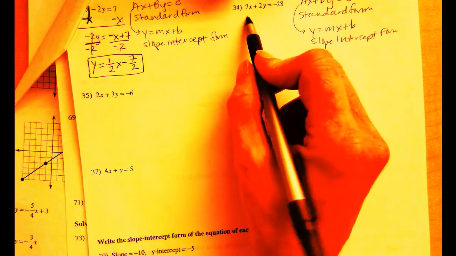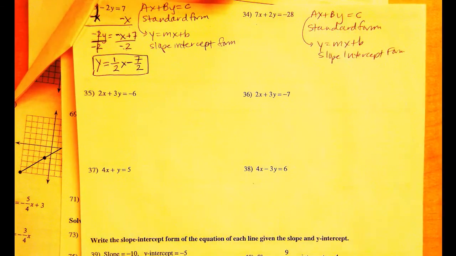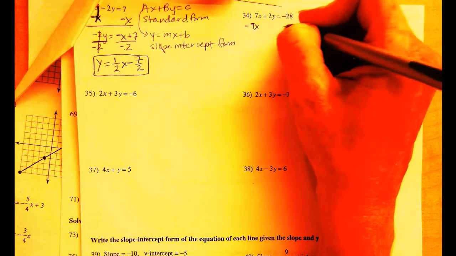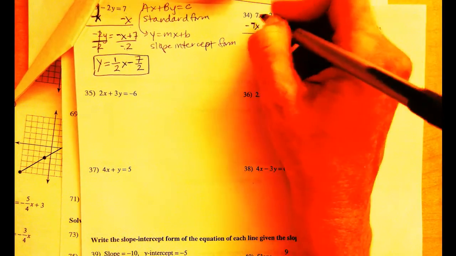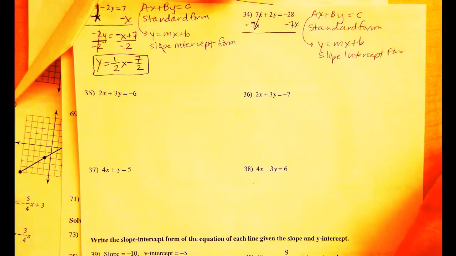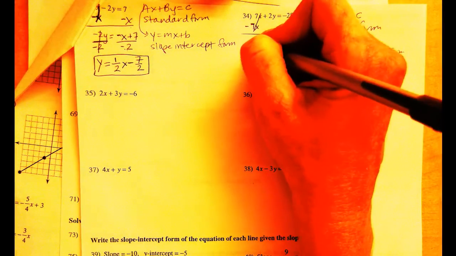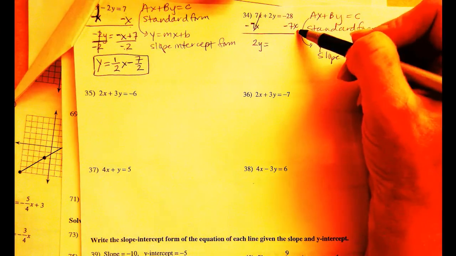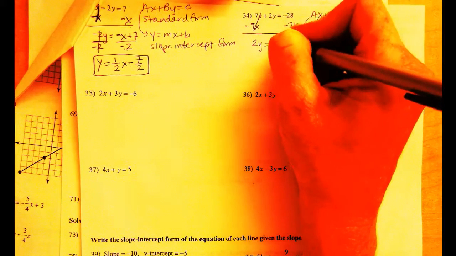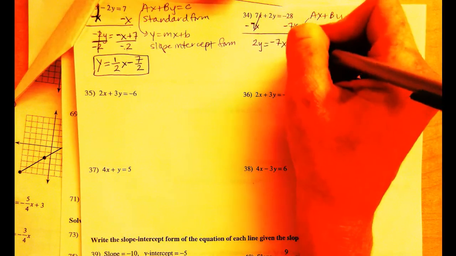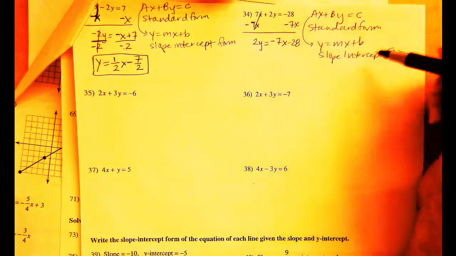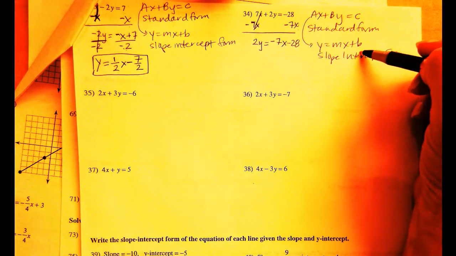It's positive right now. Whoops, sorry, moving my paper all around. It's positive right now, so I'm going to get rid of it by subtracting. And I'll do that to both sides. 7x's minus 7x's is nothing. I'm left with 2y on the left. Negative 28 minus 7x, well, that's just negative 7x minus 28. I can't combine them. I can rewrite them in an order that I prefer, which would look more like this.